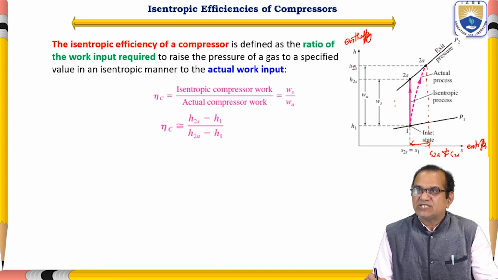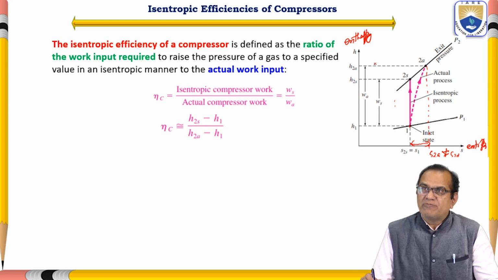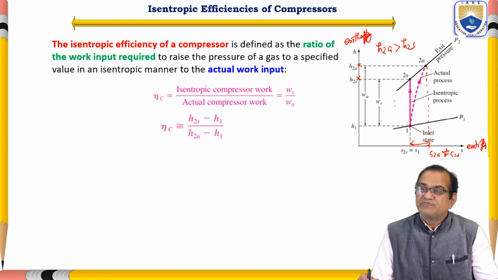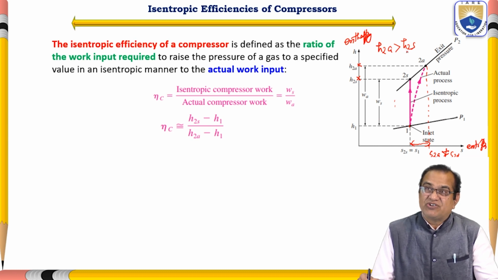So this you can see here in this plot. For the actual process, we have this H2a, and for the isentropic process, we have the H2s. So this H2a is greater than H2s. It means the enthalpy generated by the isentropic process is less than the enthalpy generated by the actual process.